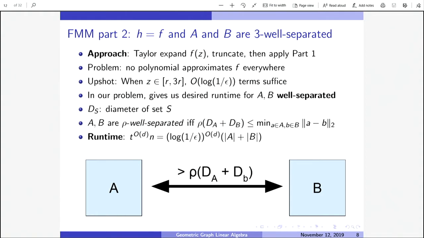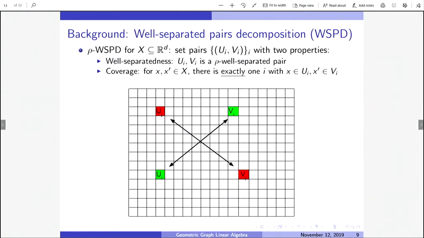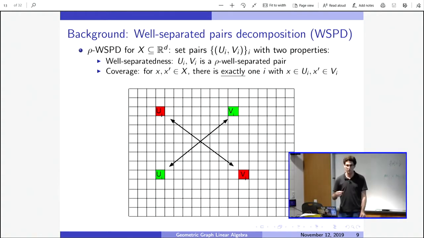Okay, so let's try to apply this. The way the fast multipole method applies this is by using what's called a well-separated pairs decomposition. The goal is to write the set of pairs of points in the set X as a union of pairs of sets.